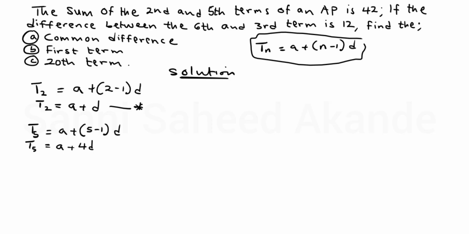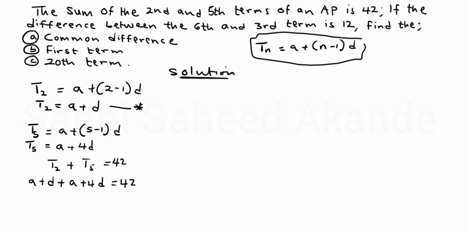So the first statement in the question says the sum of the second and the fifth term is 42. Meaning that T2 plus T5 is equal to what? 42. So what is the value of T2? That is a plus d, then plus T5, which is a plus 4d, equal to 42.